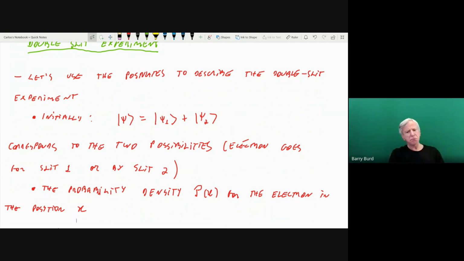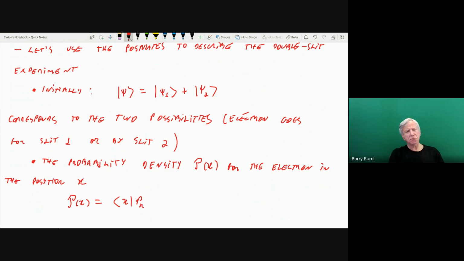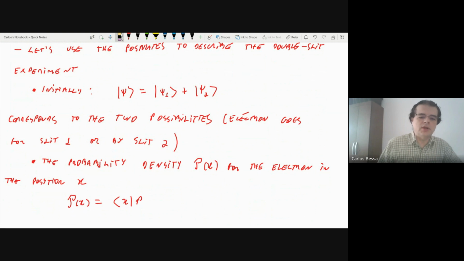So, using the postulates, P of x is just the expectation value of the projector P, in this case P of x, because the only possibility is x, in the state psi.